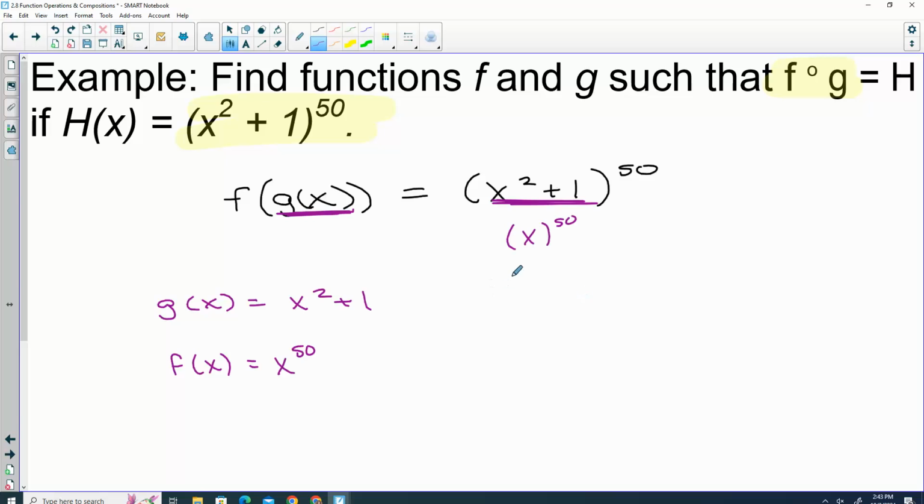What if we had said g of x was x squared?